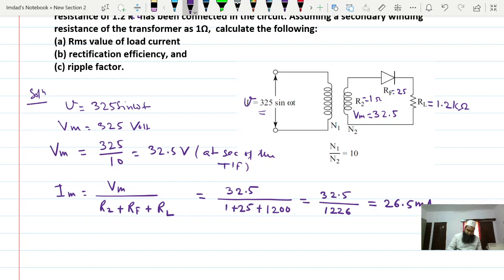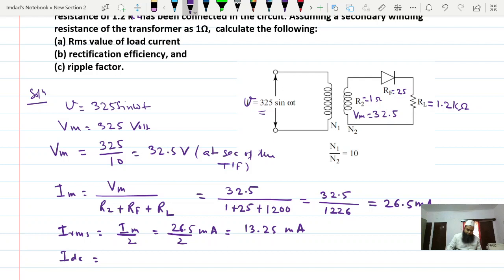Now since it is half-wave rectifier, I RMS equal to Im by 2 equal to 26.5 upon 2 milliampere, 13.25 milliampere.